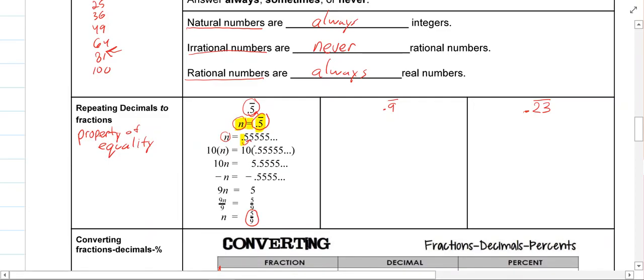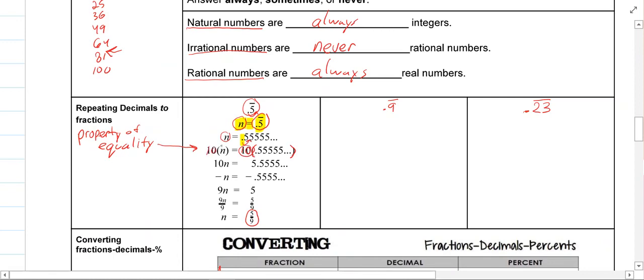All right, so you can see I put parentheses around this big long number, and then I put 10 on the outside, and that signifies I'm multiplying that side by 10. Well, the property of equality says if I do it to one side, I better be doing it to the other side. So since I multiplied the right side by 10, I need to multiply the left side by 10.